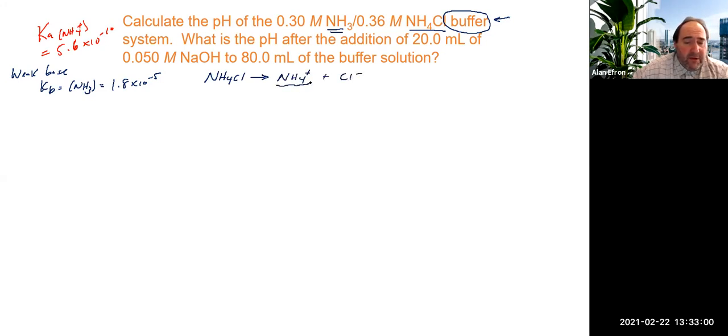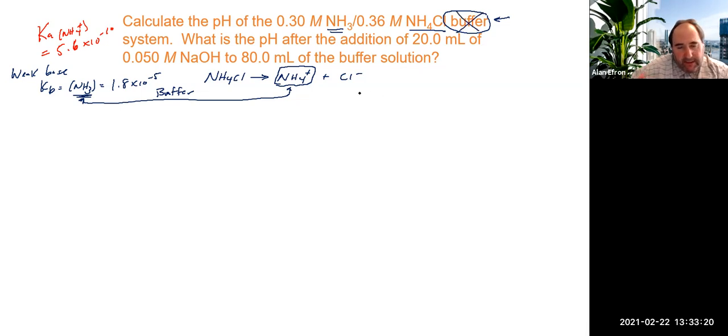So what we're talking about in terms of the buffer part of this really is the NH4+ and the NH3. So this is really the two parts of our buffer in this particular problem. They may not always nicely tell you, hey, it's a buffer.